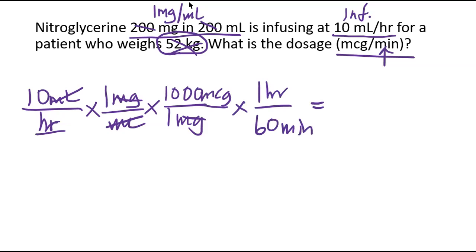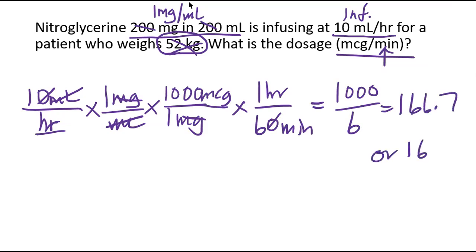And that's going to be your answer, basically. So we could actually cross out this and say we have 1,000 divided by 6, which is 166.7 or 167, and that's going to be mics per minute.